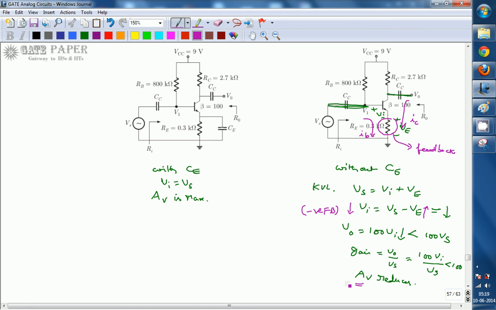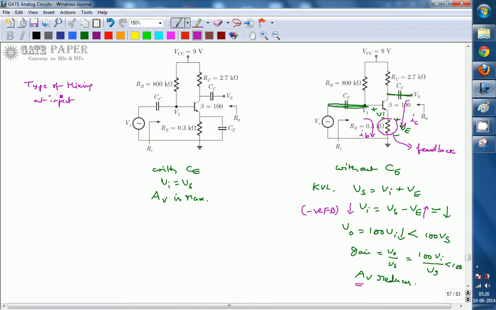Now what happens to Ri? To know what happens to the input impedance, we must point out the type of mixing we are dealing with, because the type of mixing specifies what happens to the input impedance.